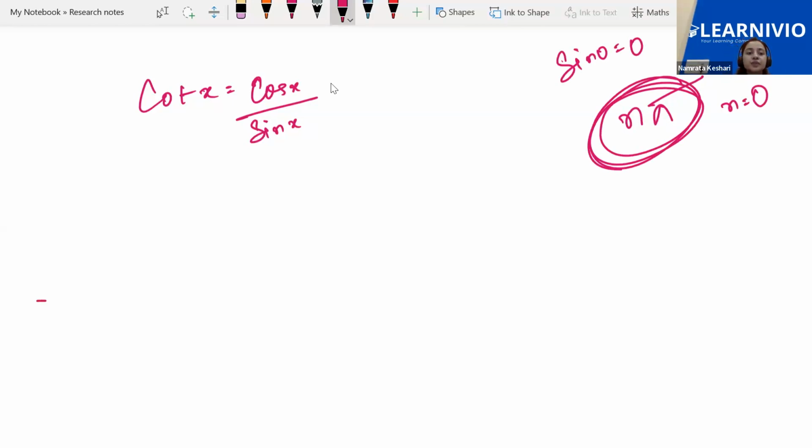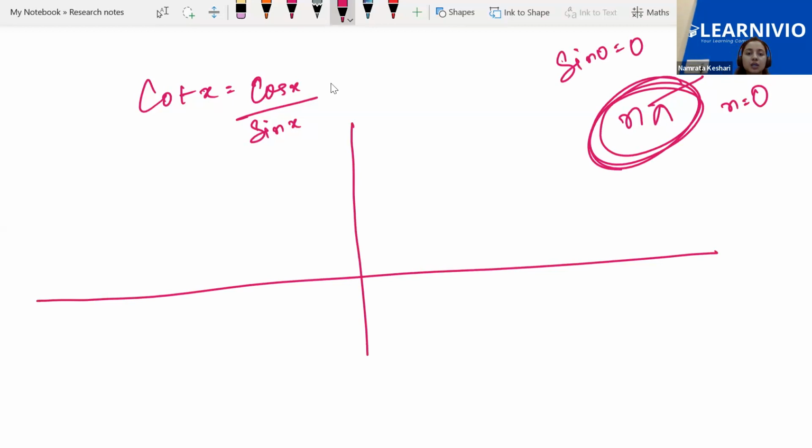Yes. Let's make the graph quickly, because a detailed discussion is not required here. I am just locating the points: here is pi by 2, here is pi, here is 3 pi by 2, and here is 2 pi.